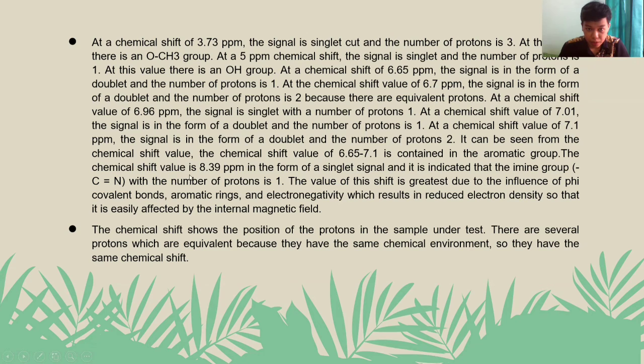The chemical shift value of the imine group is 8.39 ppm in the form of a singlet signal, with the number of protons being 1. The value of this shift is the greatest due to the influence of pi covalent bonds, the aromatic ring, and electronegativity, which result in reduced electron density, so that it is easily affected by the external magnetic field. The chemical shift shows the position of protons in the sample under test. There are several protons which are equivalent because they have the same chemical environment, so they have the same chemical shift.